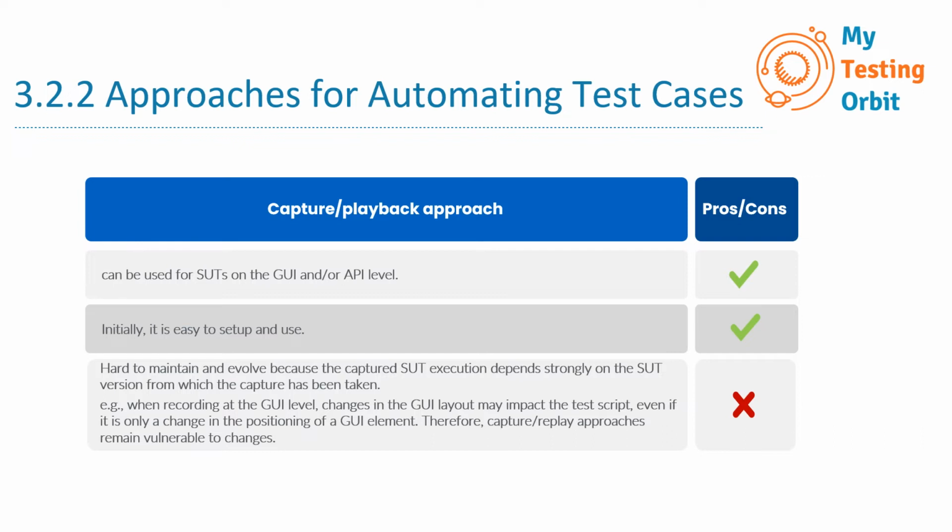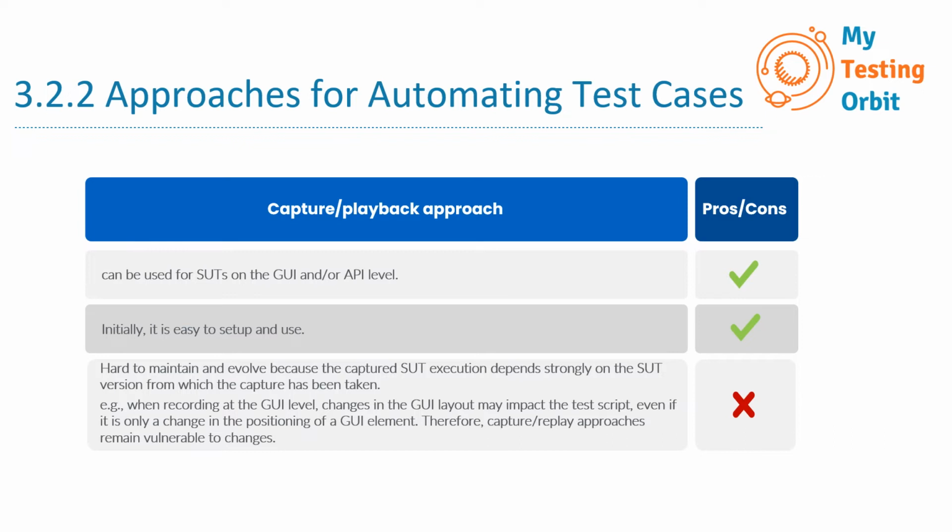So yes, this approach is very hard to maintain and very hard to evolve, because as mentioned, even if you change the position of a GUI element, any text box on the form, just slightly, this means that your earlier capture playback will not pass. It will fail.